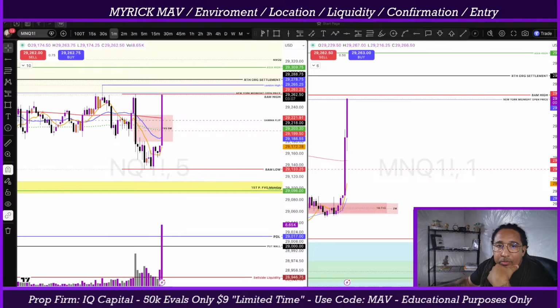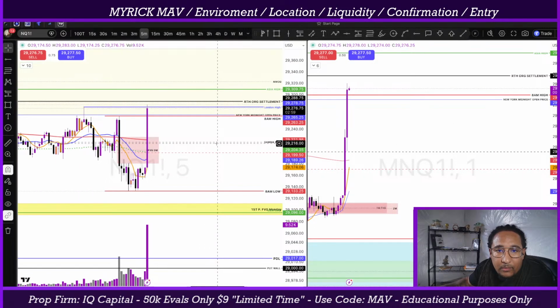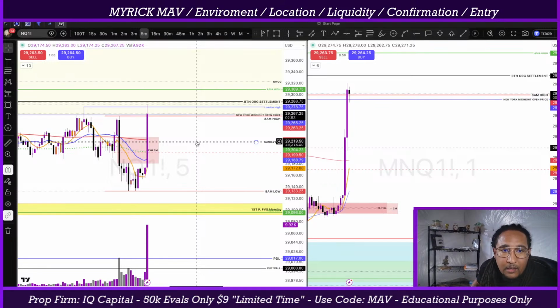So it looks like we're going to sweep those highs, tap into that 80. So we've tapped into the New York Midnight Open, London High, and starting to reject as we close that new day opening gap.